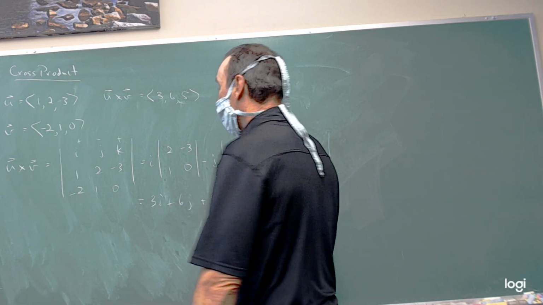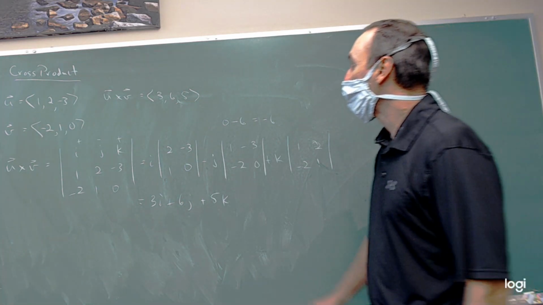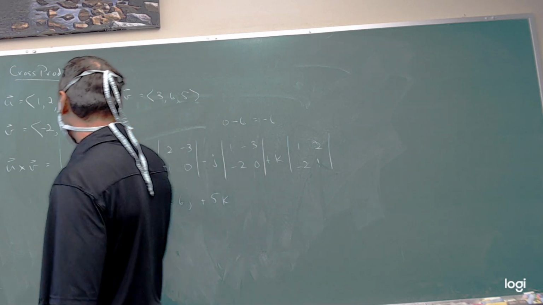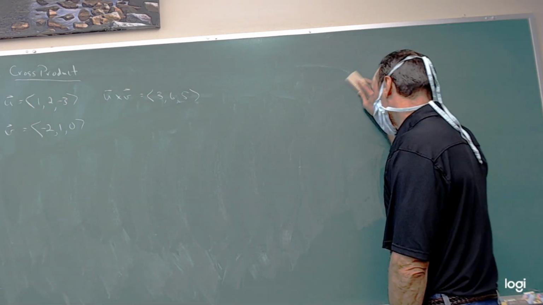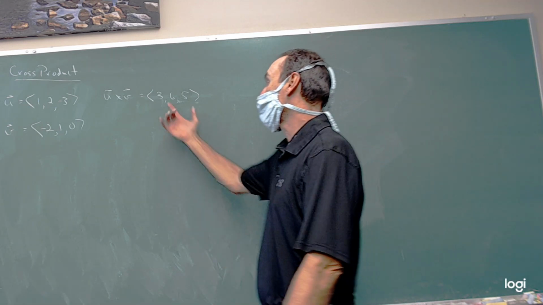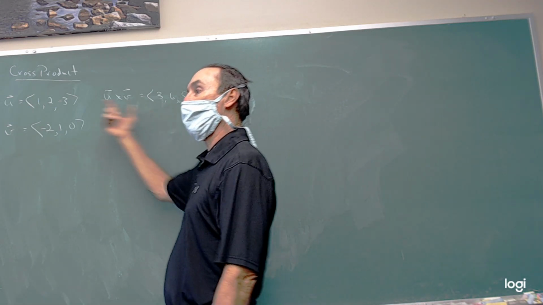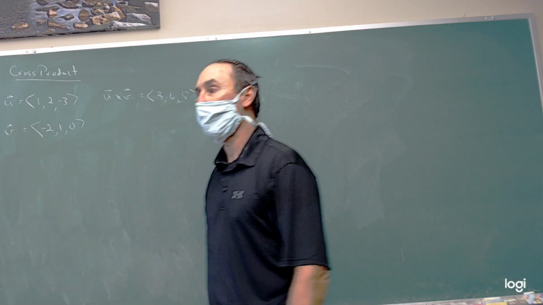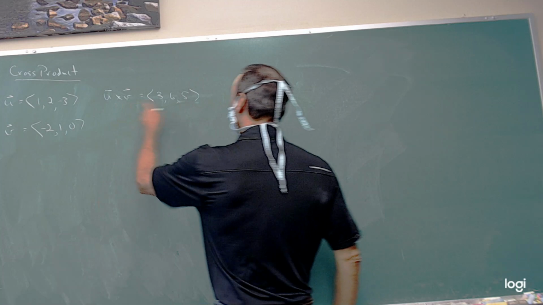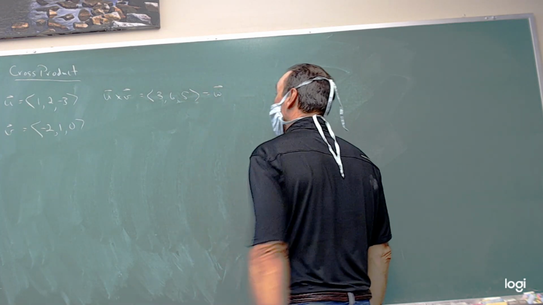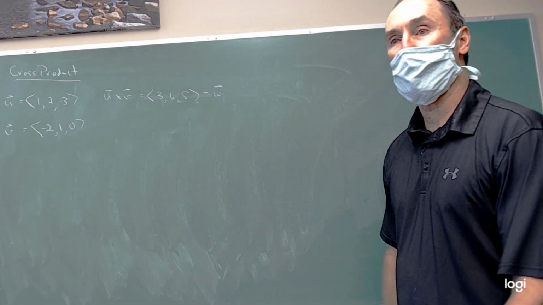Okay. Now let's talk about the properties that a cross product vector has. The claim is that this cross product vector is perpendicular to both of the original vectors. We can see this because, since it's cumbersome to keep writing u cross v, I'm going to just call it w.